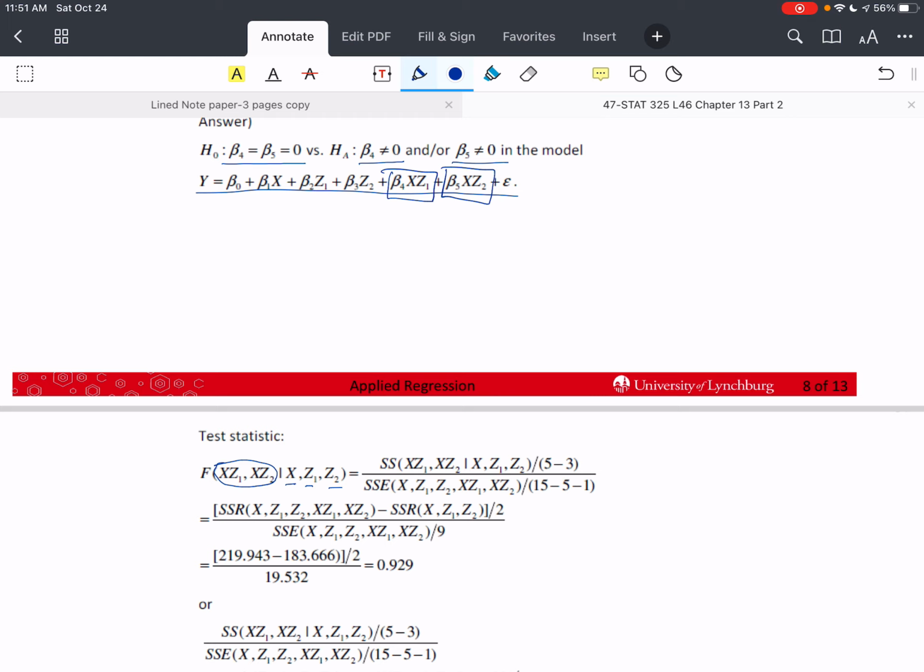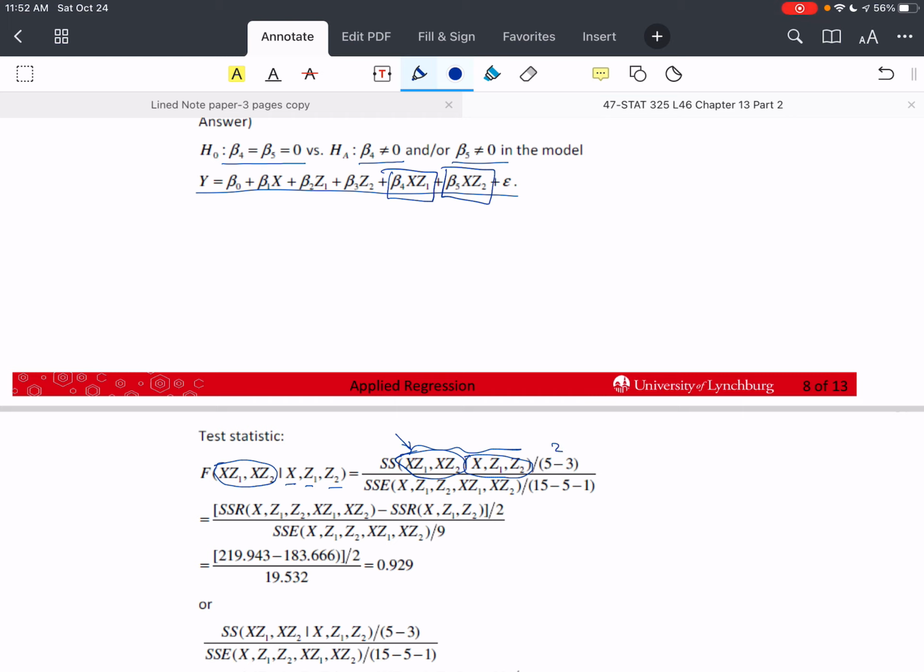So here we have the SS of xz1, xz2 given xz1 and z2. So we're going to have 5. There's 5 total variables here, and we're testing it against 3. So the difference, the additional variables are 2.